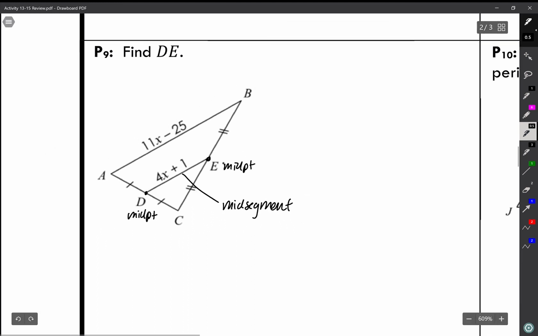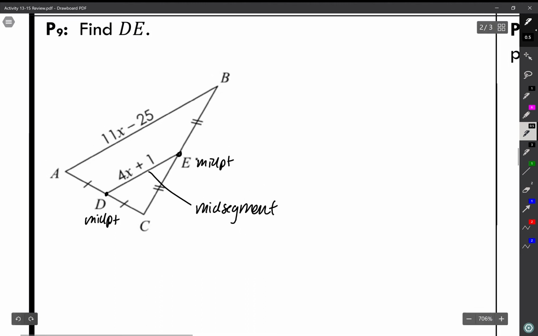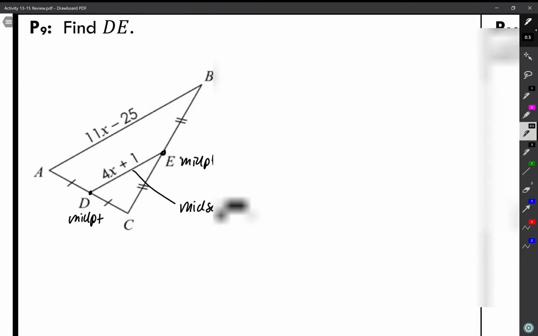Okay, I have expressions for DE and AB, so we'll use the triangle mid-segment theorem. I also noticed that those are parallel, and that's another thing that we know about the mid-segment theorem. But the main thing we want to be able to solve for x is that the third side, AB, is going to be double.